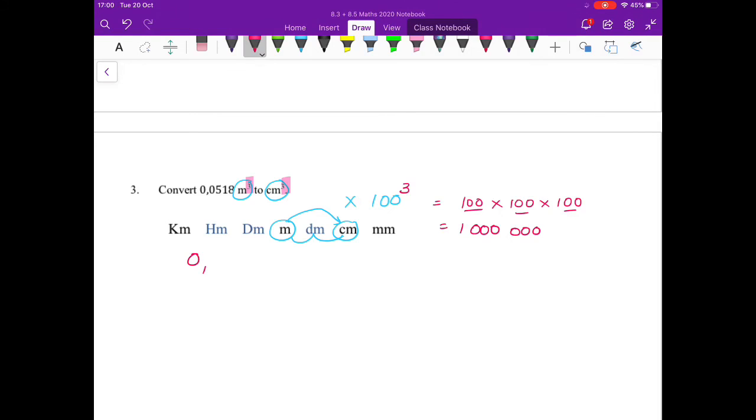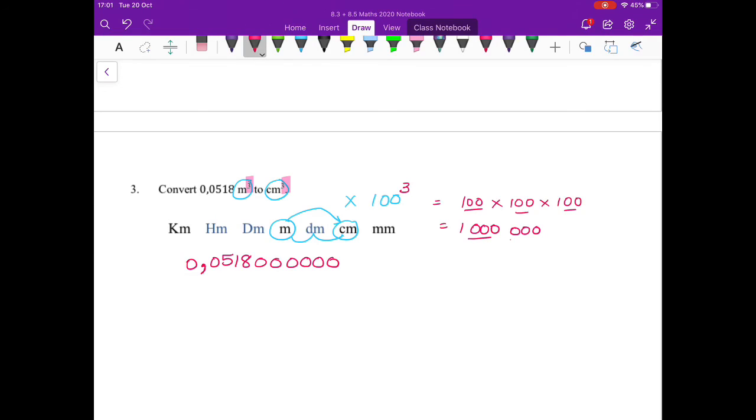So 0,0518 meters cubed. I could add on as many zeros as I like here. At the moment, they're just placeholders because I'm not changing the value. By the same token, I could add zeros here because with the comma there, I'm not changing any value. But I don't want these ones here.